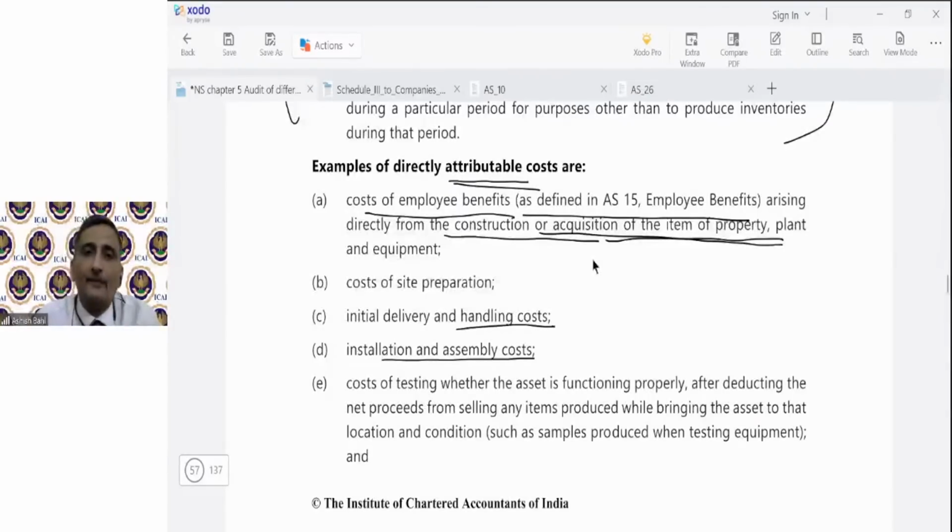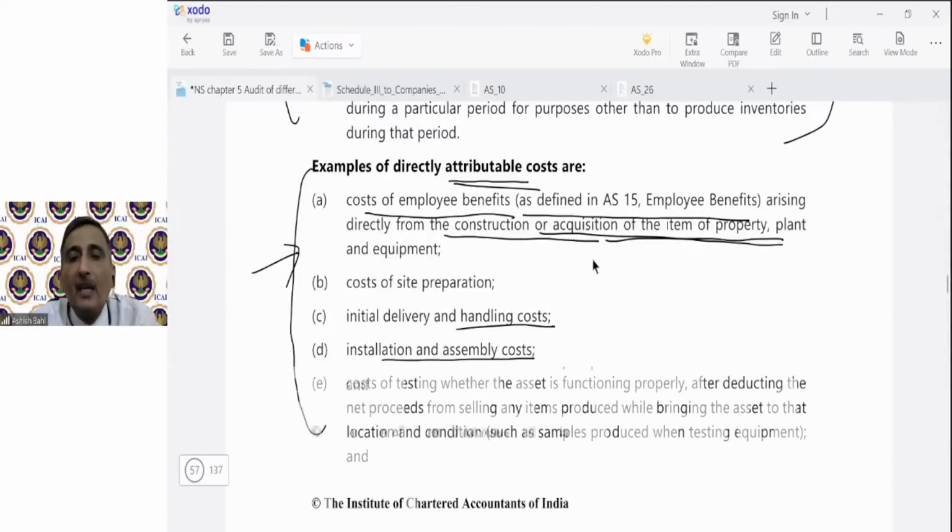These are all directly attributable costs which are capitalized, which form part of the cost of that item, cost of the item of PPE.